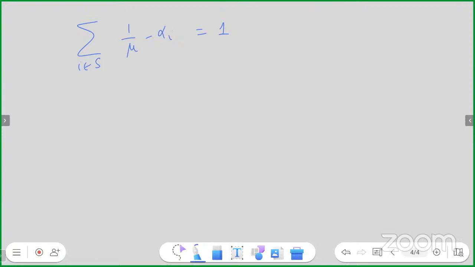This is nothing but mod S by mu minus summation alpha i, i belongs to S, equal to 1. So what would mod S by mu be? 1 plus summation alpha. So if 1 increases, what happens to mu?